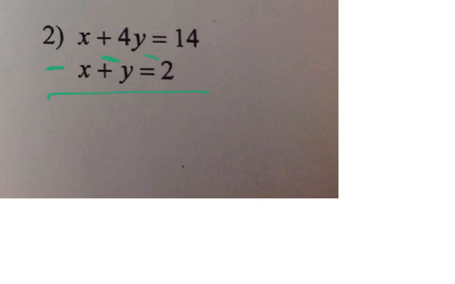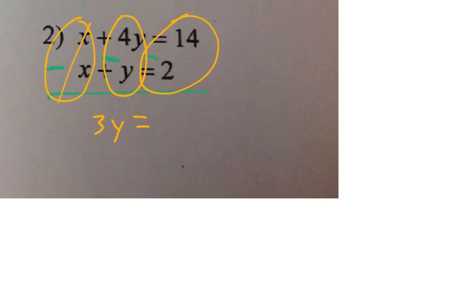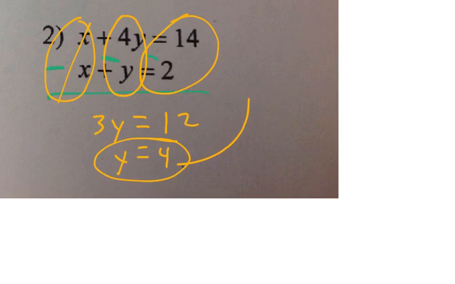So subtracting everything, notice that x minus x, of course, is 0. The 4y minus the 1y right there is 3y, equal, over here, 14 minus negative 2 is 12. Once I divide by 3, I know y is 4. And I'm just going to go ahead and plug it back into the original or first equation.